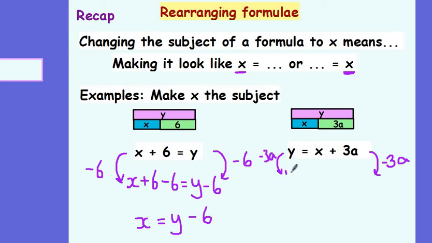If I do this, I get y take away 3a equals x plus 3a take away 3a. Plus 3a take away 3a will just leave me with y take away 3a equals x. And here x is the subject because it's on its own on one side of the equation.